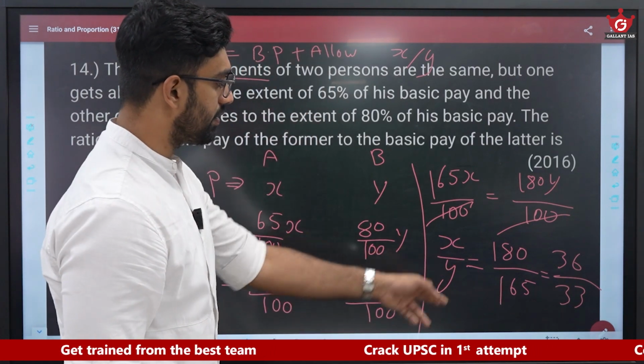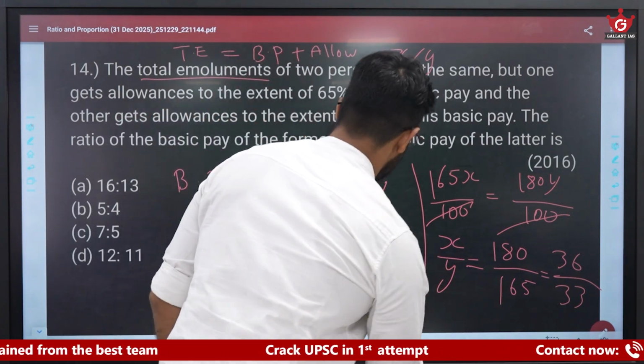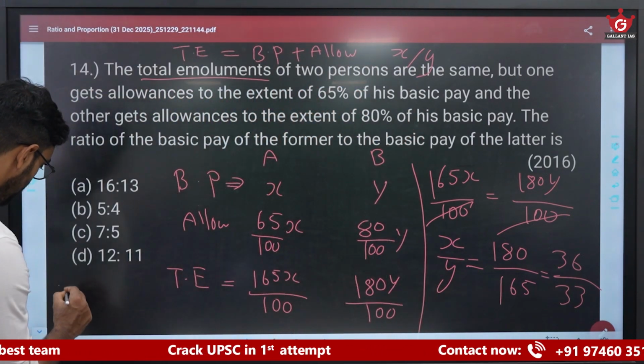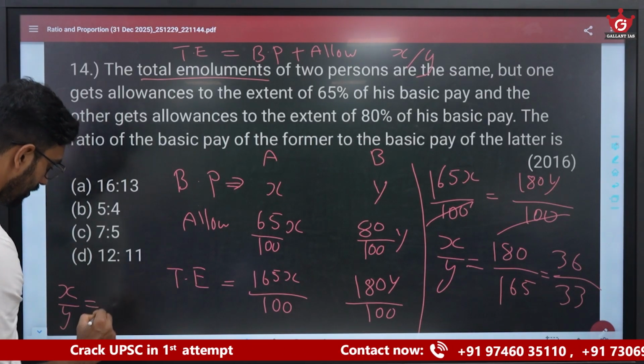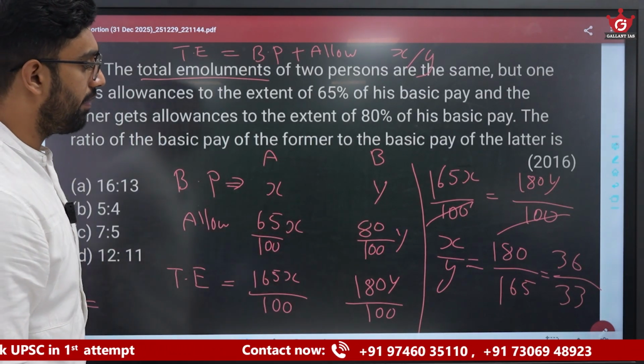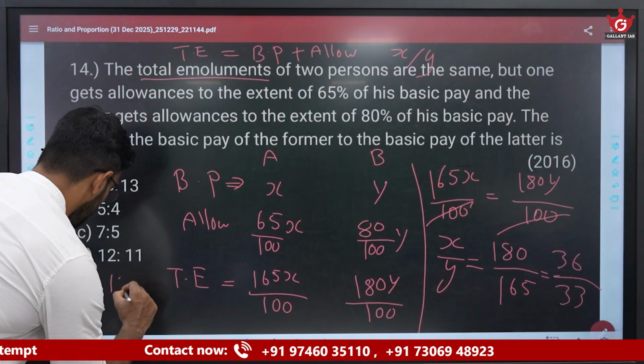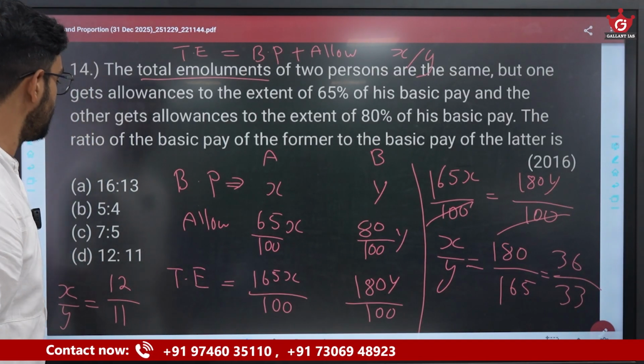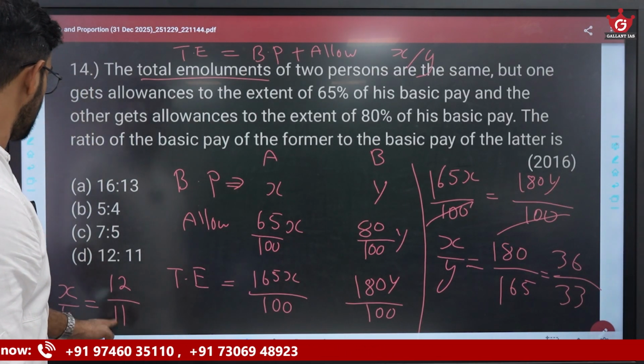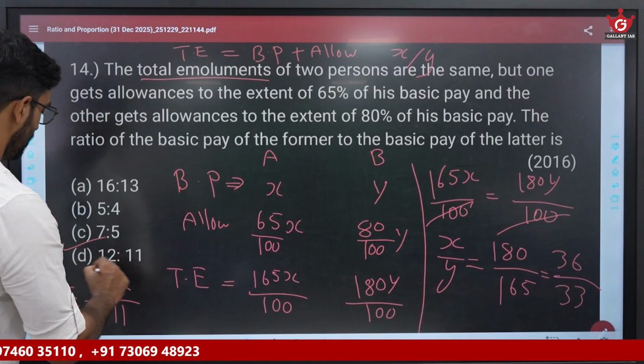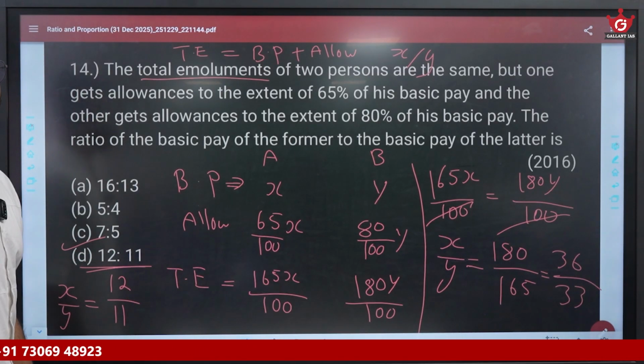Again, simplifying with 3, we get 12 by 11. So 12 by 11, that is option D, 12 is to 11. This is the correct answer.